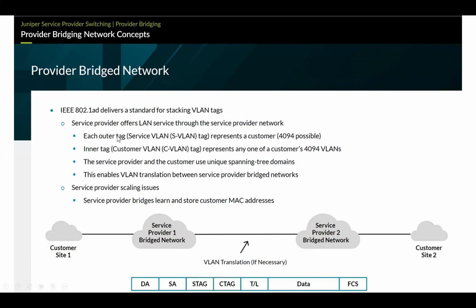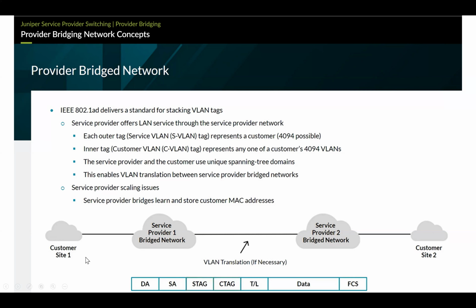Okay, provider bridge network. So service provider offers LAN service through the service provider network. Just consider here service provider one bridge network. So this is the customer one, and another service provider is here, service provider two.